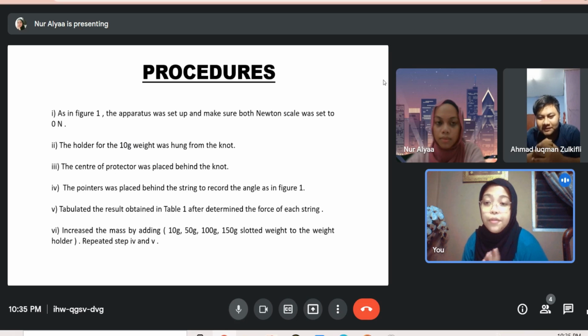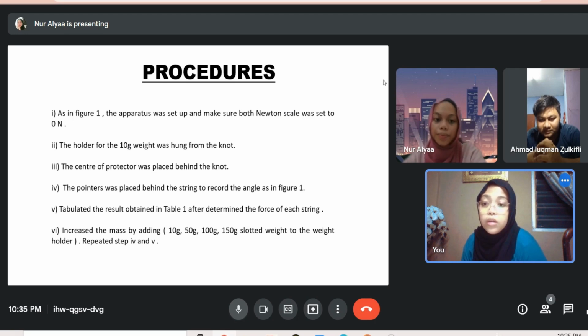First, as in figure 1, the apparatus was set up and make sure both Newton scales were set to 0 Newton. The second step is the holder for the 10 gram weight was hung from the knot. The third step, the center of the protractor was placed behind the knot.